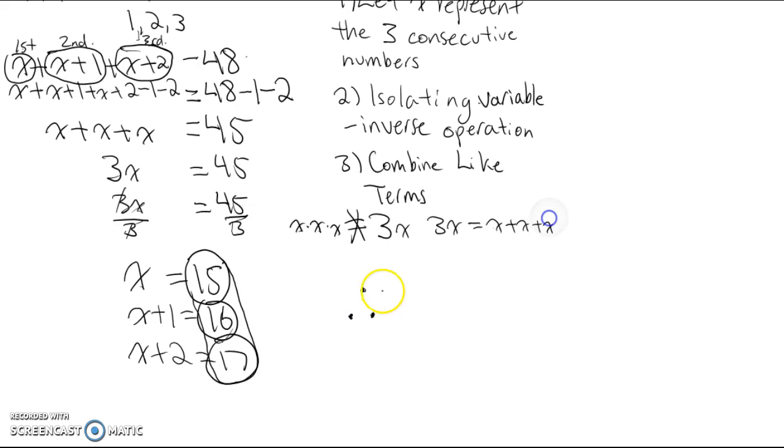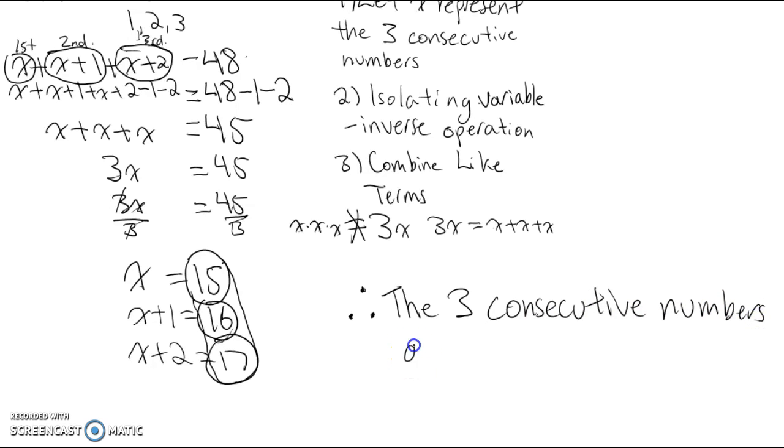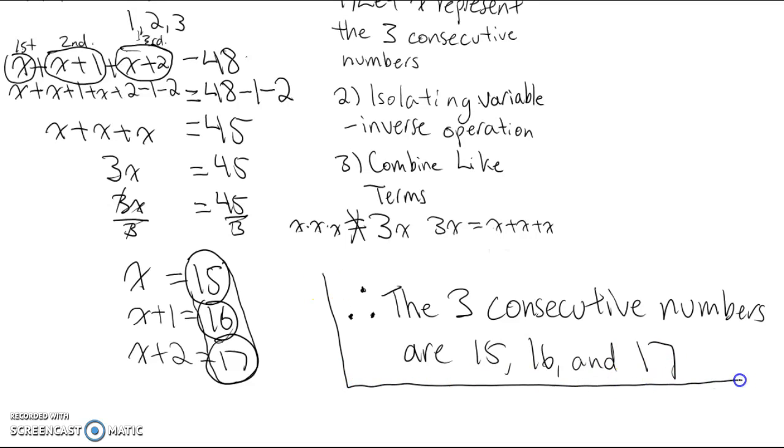We're gonna write the 3 consecutive numbers are 15, 16, and 17. Remember to circle your answer, just make it known to your teacher.